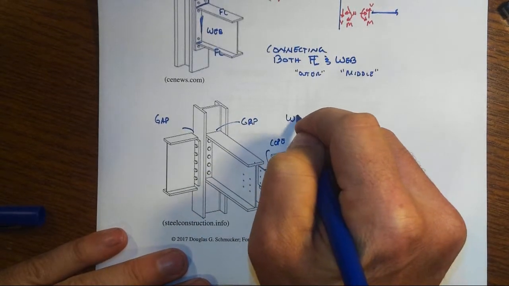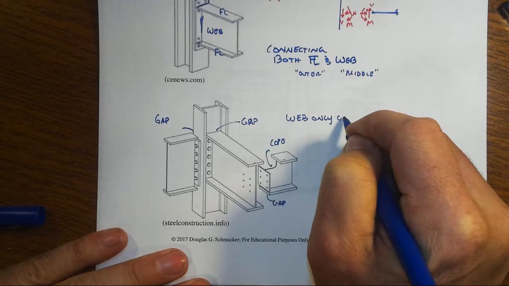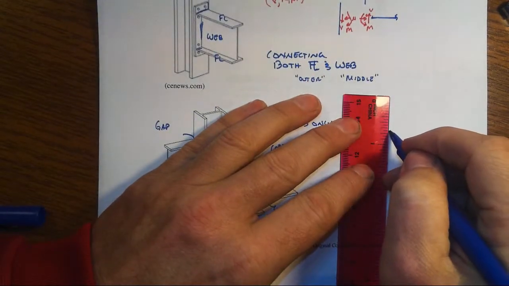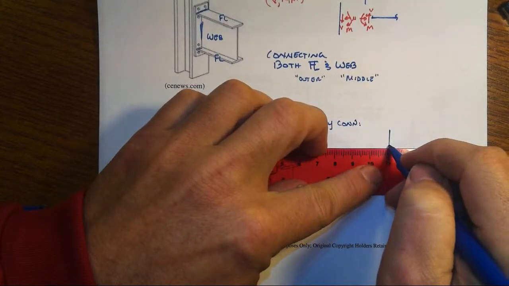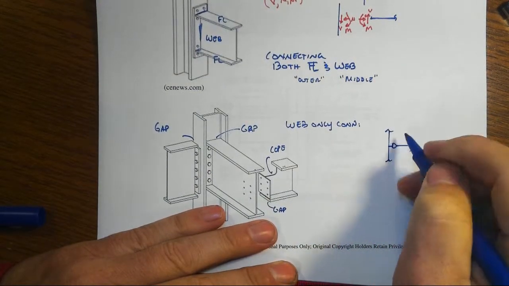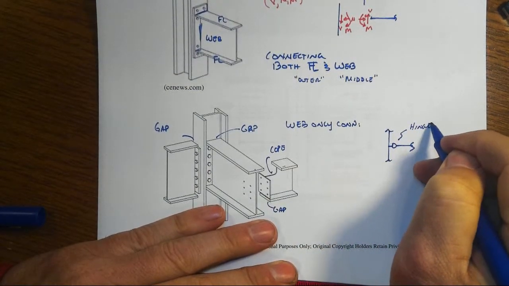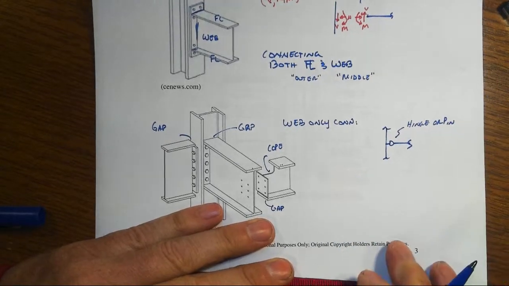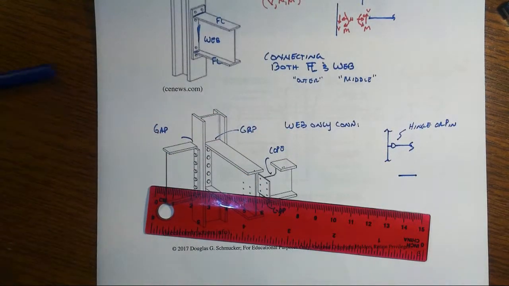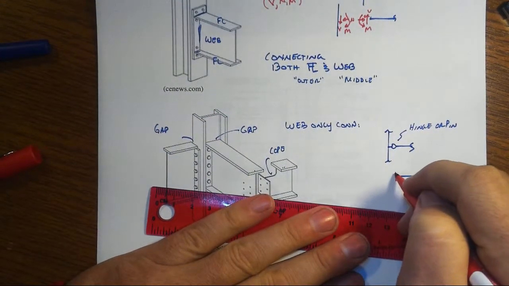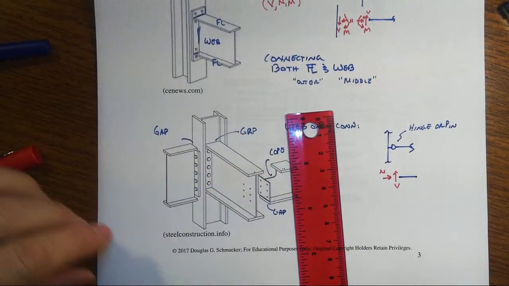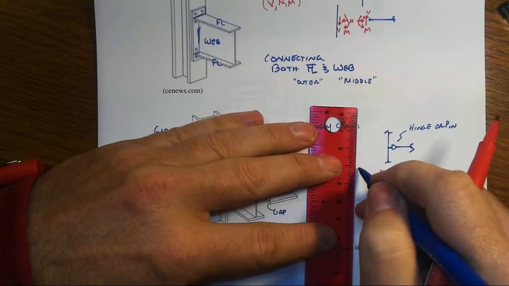This is going to be a web only connection. And that means that we have in effect a hinge connection, or a pin if you prefer it that way, but hinge or pin, where the only thing we're going to transfer from the beam into the supporting column are going to be the shear and any axial force that's present in the beam, which oftentimes there isn't.